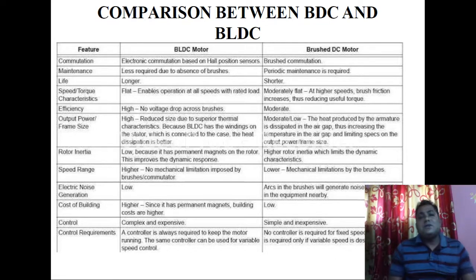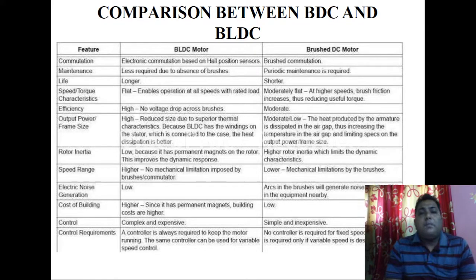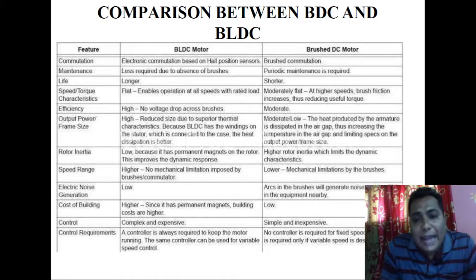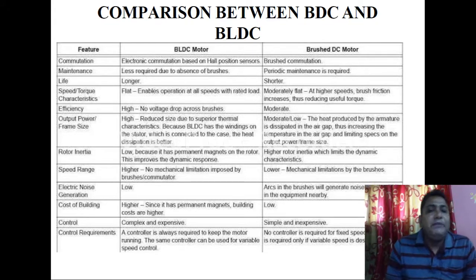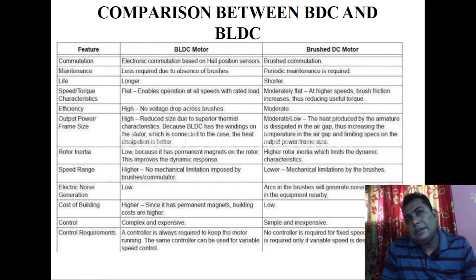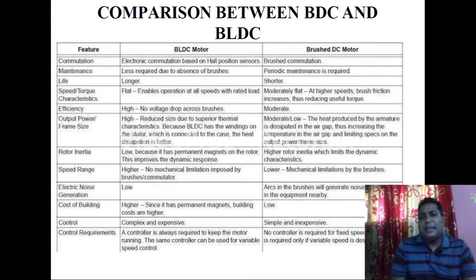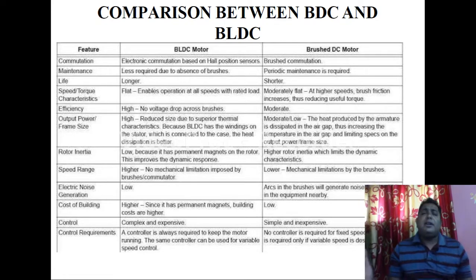Now the speed control characteristics: the BLDC has flat operation at all speeds with rated load, and in case of brushed DC motors it is moderately flat; at higher speed brush friction increases, thus reducing useful torque. Now the efficiency of this machine is very high, so there is no voltage drop across brushes. In case of a brushed DC motor it is moderate, that means standard efficiency is there, but not high.